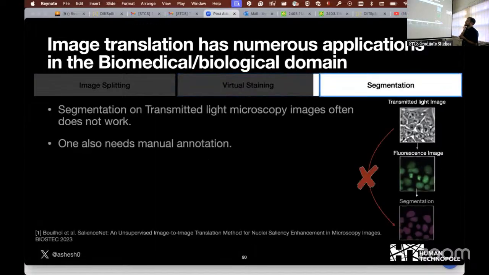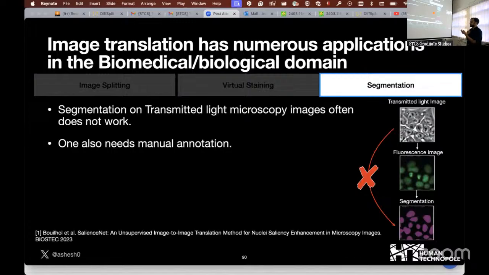It also has applications in segmentation. For example, if you want to track nuclei from this image, you would not be able to do so because it is difficult to even train a network to segment nuclei. But if you were to convert this image to a fluorescent image for the nucleus, then from here to here it is trivial. You just have to apply a threshold and you can segment things.